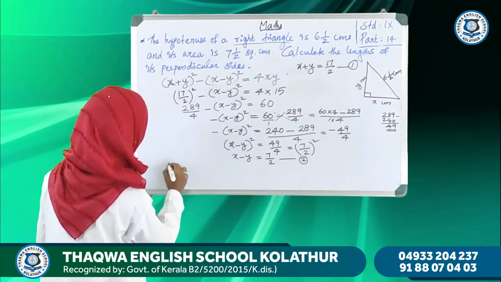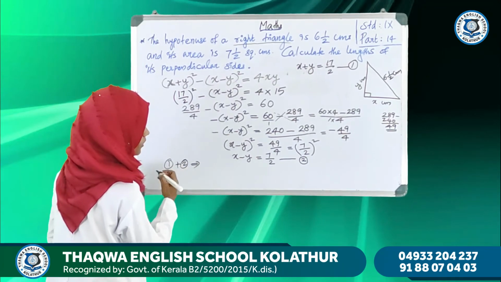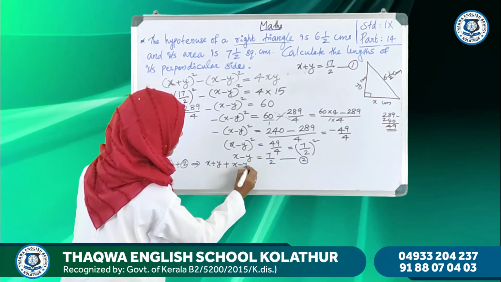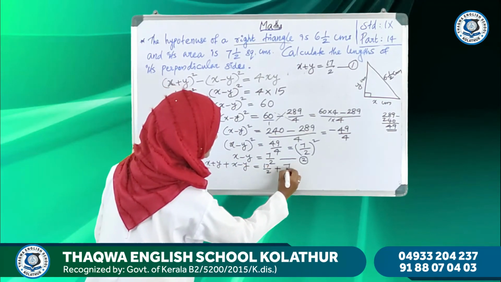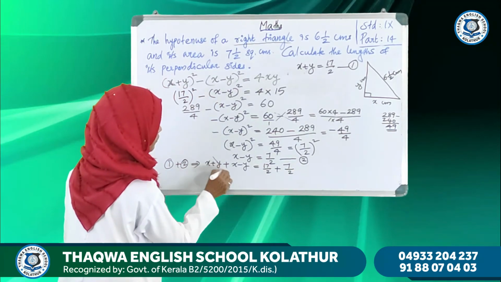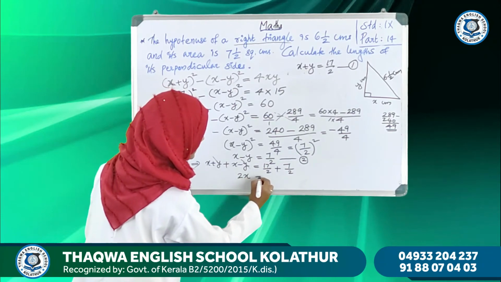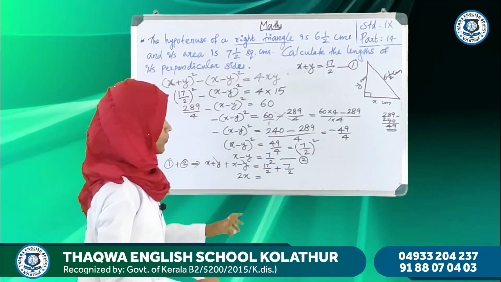Now we have to add the equations 1 and 2. What we get? X plus y plus x minus y equals 17 by 2 plus 7 by 2. Y and y cancel.